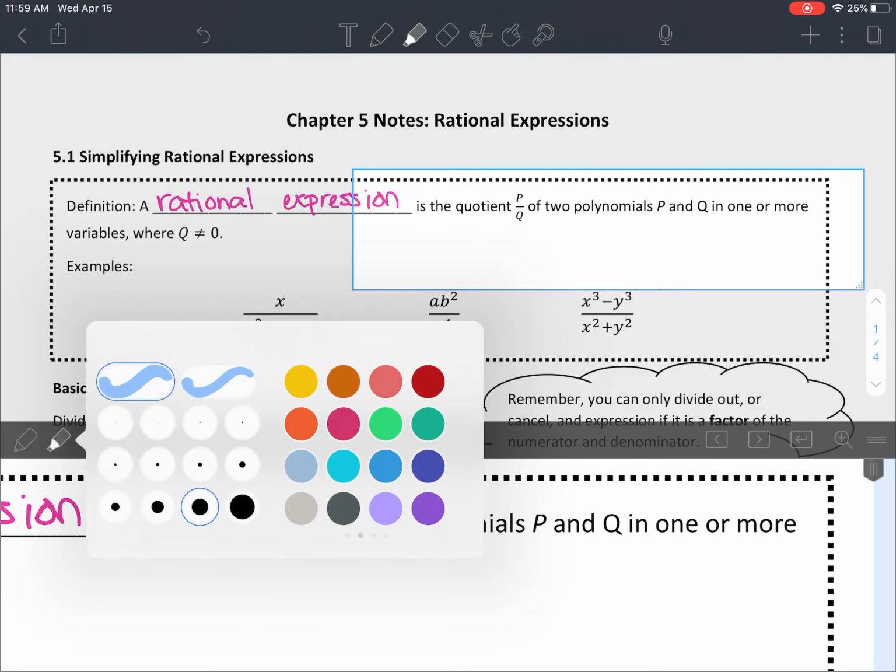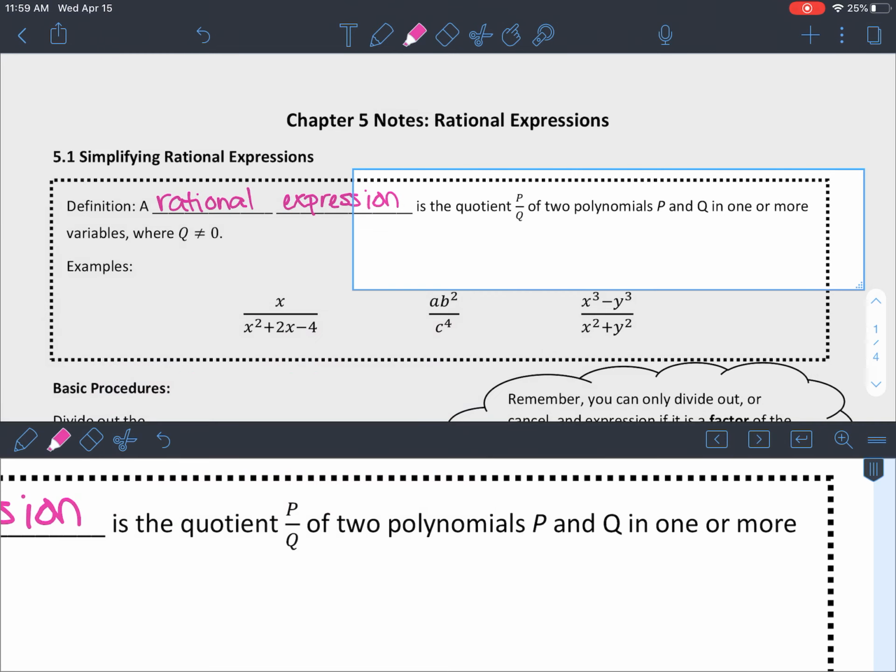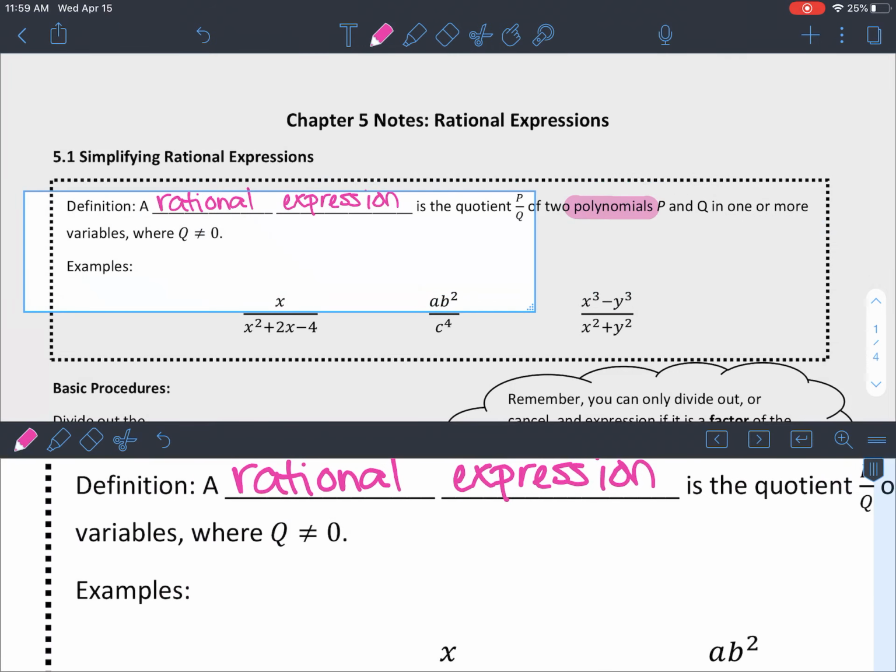Polynomials, we've talked about polynomials a little bit. Polynomials are when you have multiple variables or anything of that sort. It could just be one variable, just anything that you can graph. So it's the quotient of 2 polynomials, p and q, in one or more variables where q cannot equal 0.